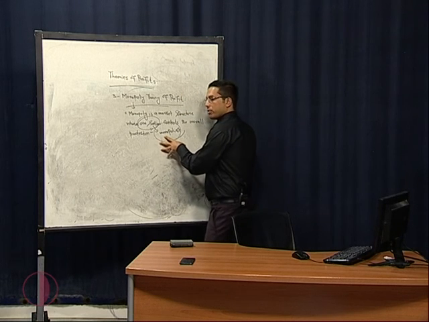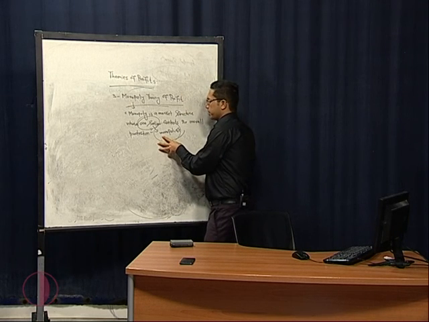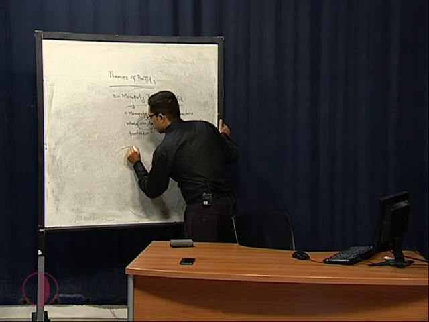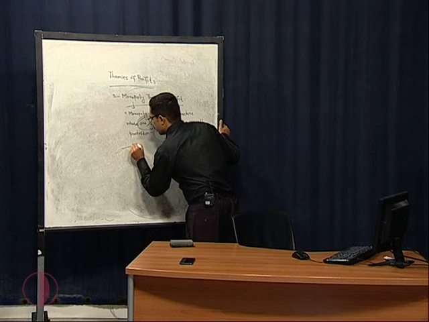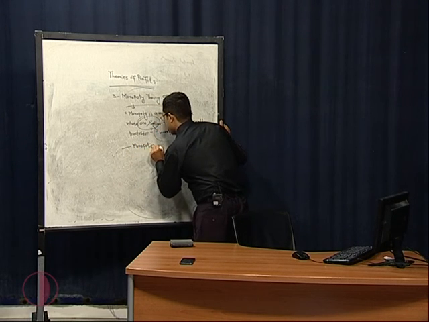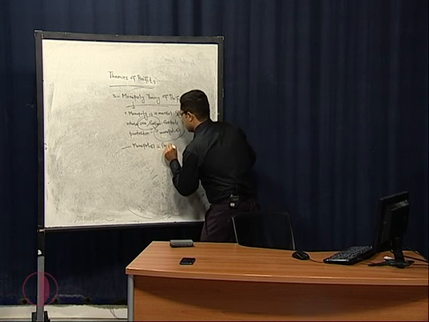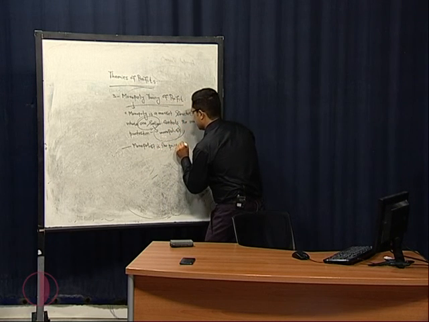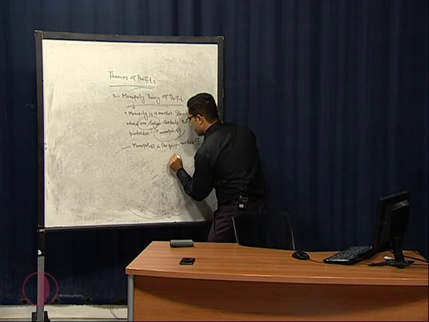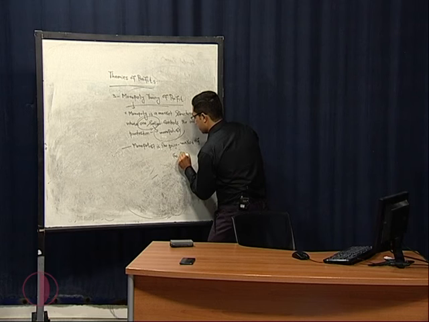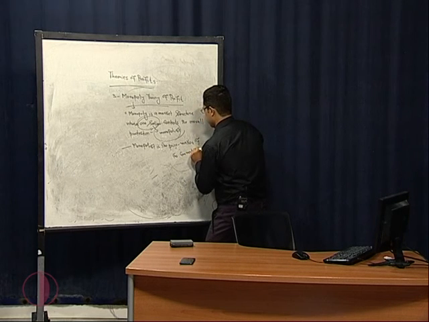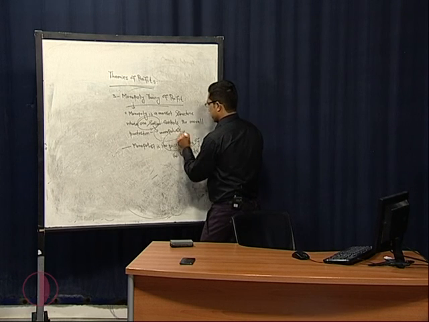There are no rival competitors. There is no competition. Another important point is that the monopolist is the price maker of the commodity.